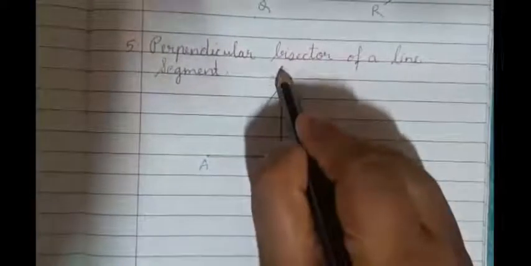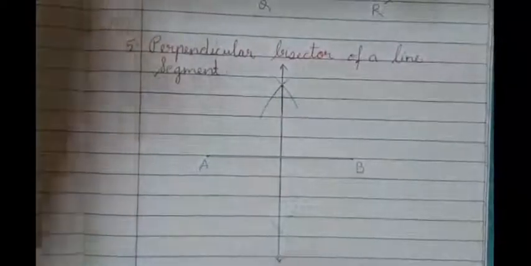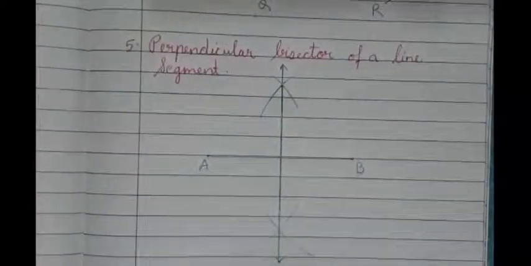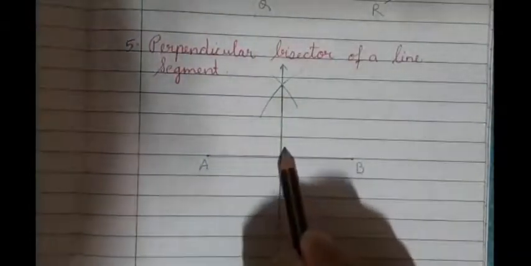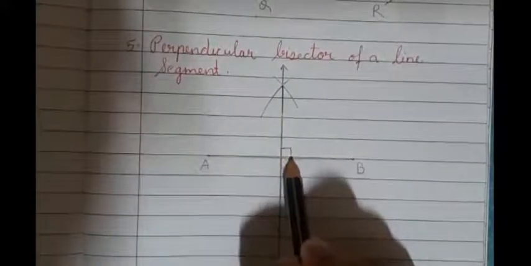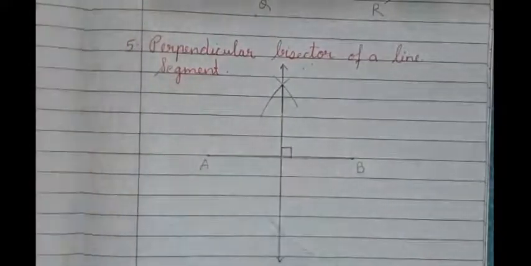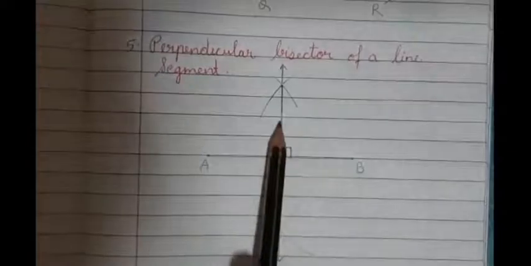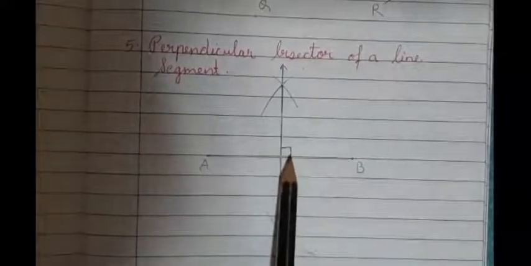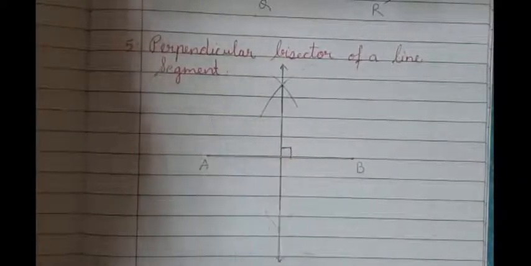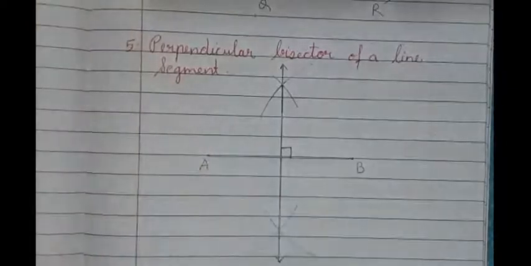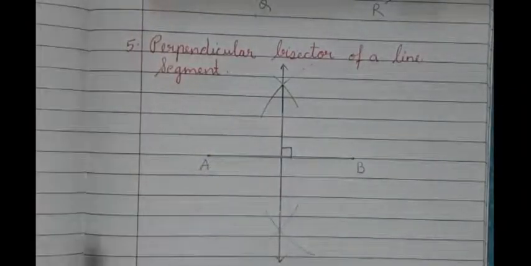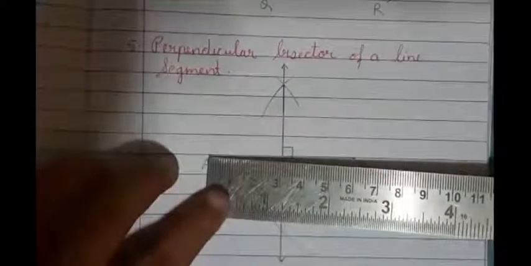So here I have drawn a perpendicular to line AB. Now I will show the symbol of 90 degrees. This tells us that this perpendicular line makes an angle of 90 degrees to seg AB. Now let's check whether it is dividing into two equal parts or not.